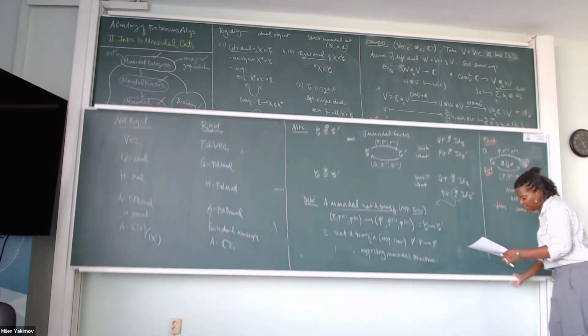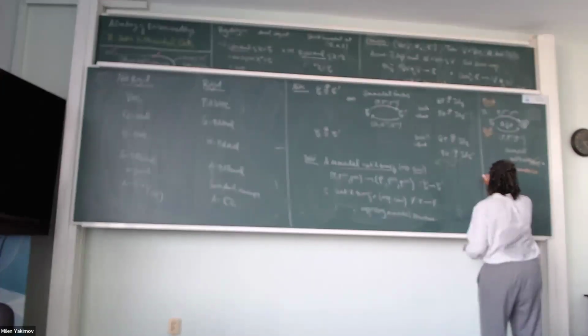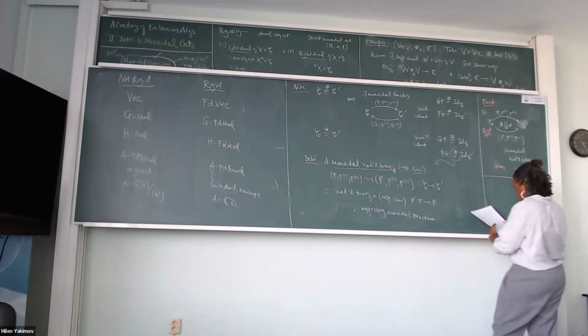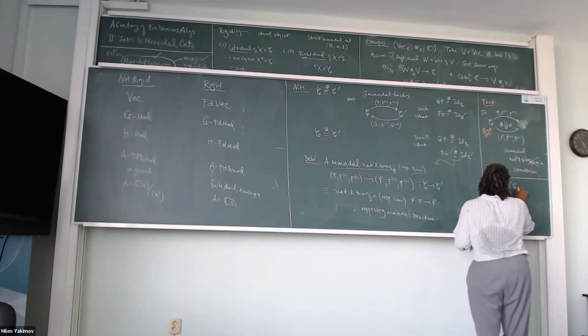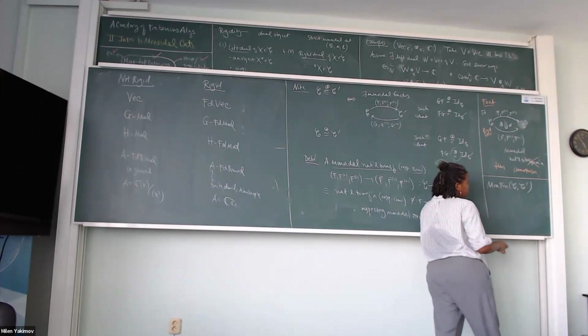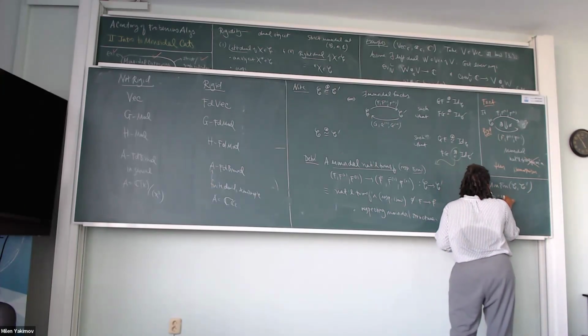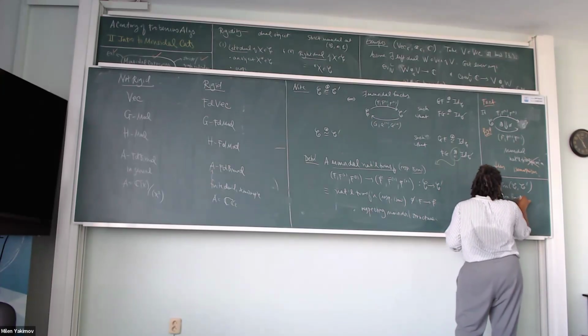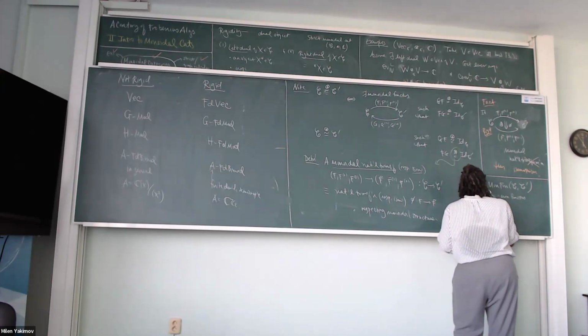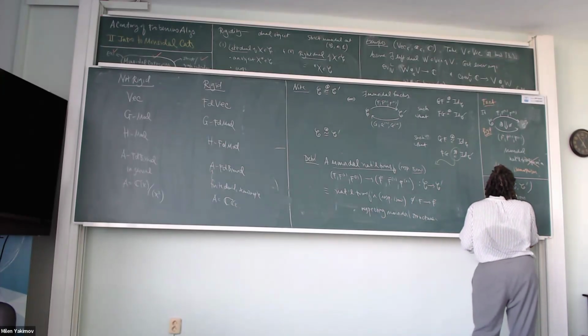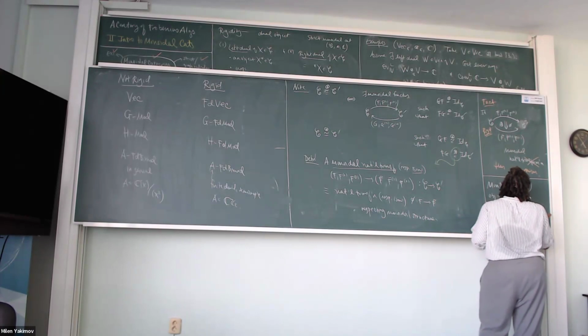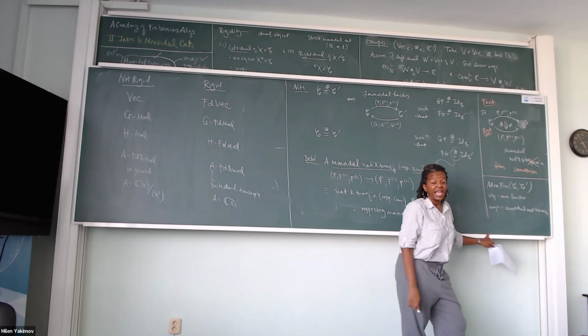Repackaging this in a different way, if I take the category of monoidal functors going from C to C prime, where objects are monoidal functors and maps are monoidal natural transformations, in this category any morphism is an isomorphism.